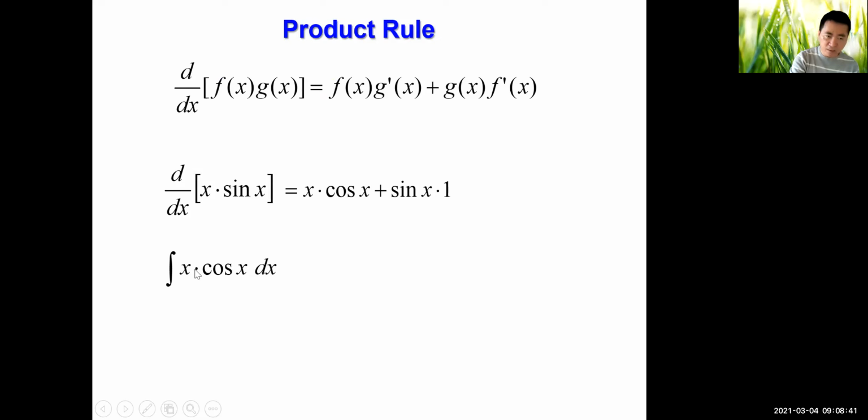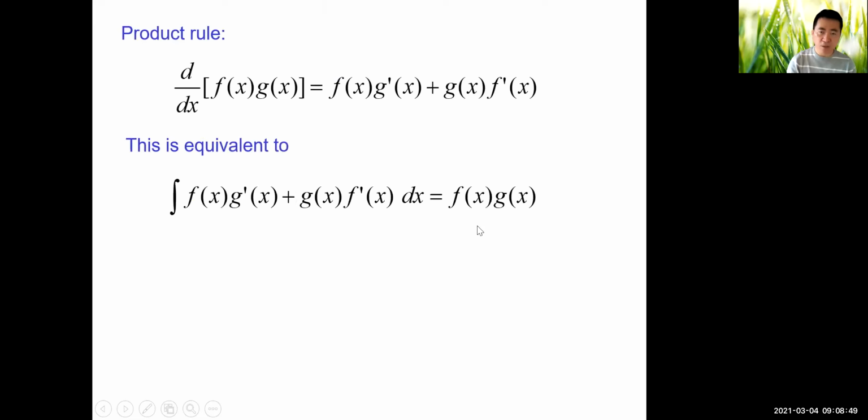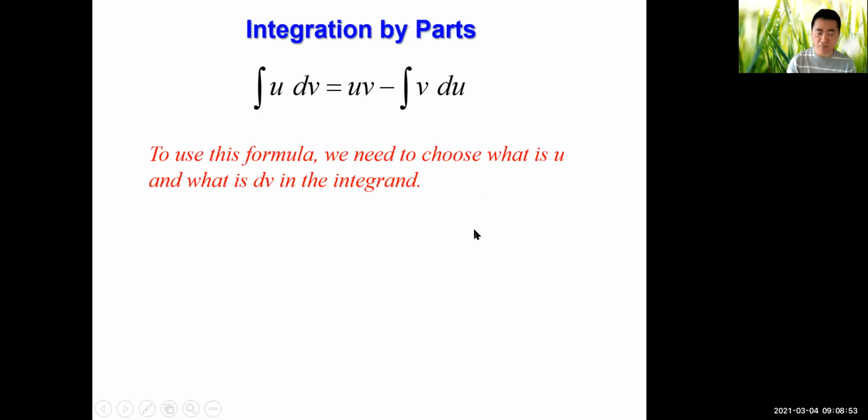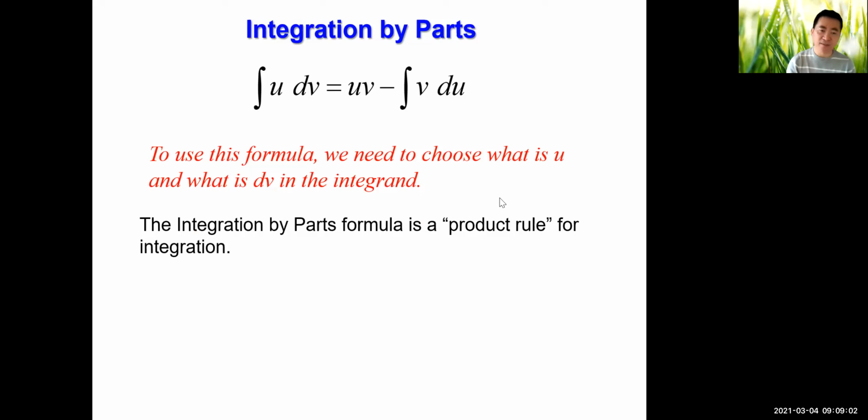So do we use x or cosine x for u? That's what you need to think about. For now, I'm going to give you the simplest way to identify that. I call it the technique for dummies. Basically, you don't need to understand why for now. You just memorize it, just pure memorization.